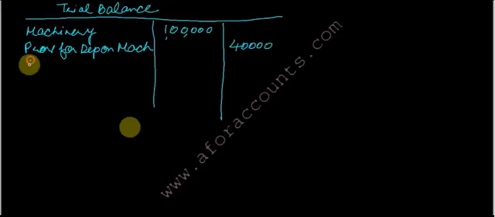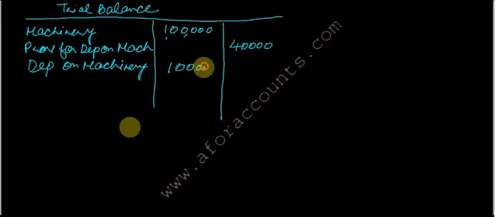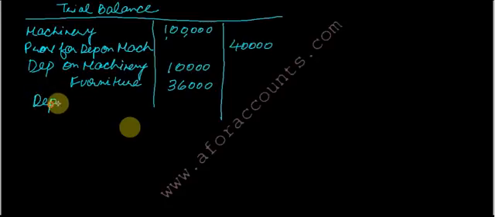Then depreciation on machinery in trial balance. Open your eyes, it's written in the trial balance. Depreciation on machinery 10,000. Okay, furniture. Furniture account is a debit balance of 36,000. And depreciation on furniture 6,000.